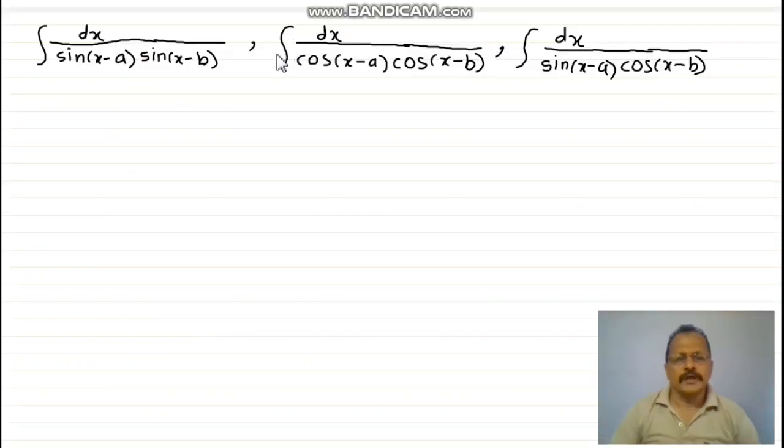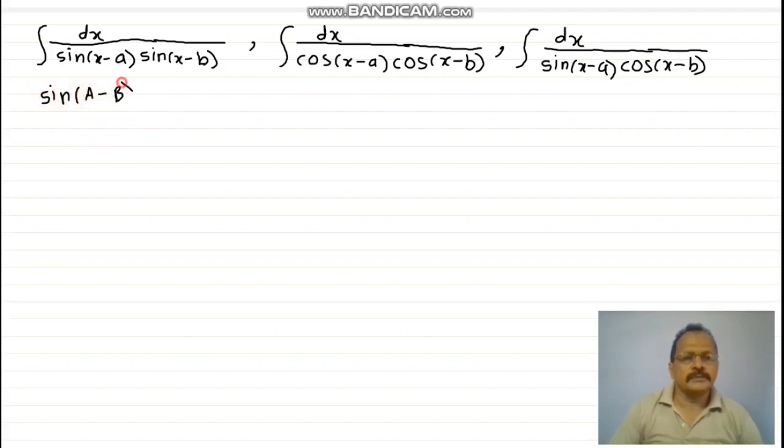To solve integrations of these three types, where the denominator is a combination of sin, cos of x minus a, x minus b, etc., we must know these formulae.